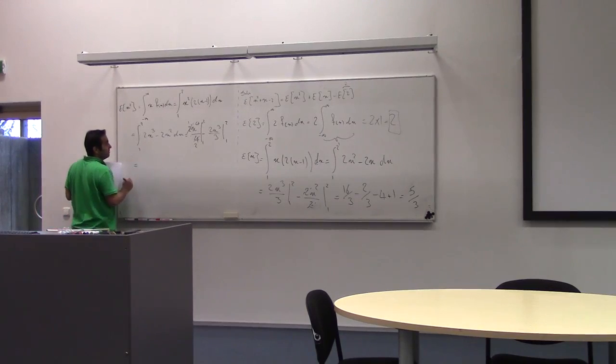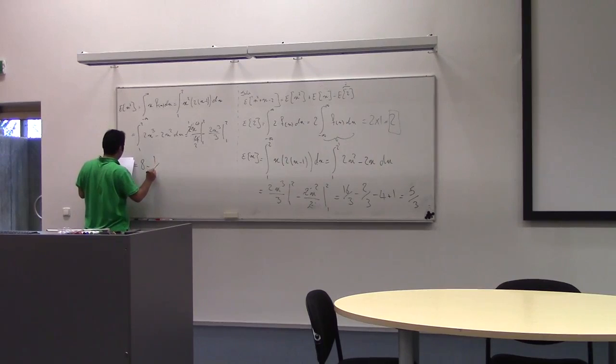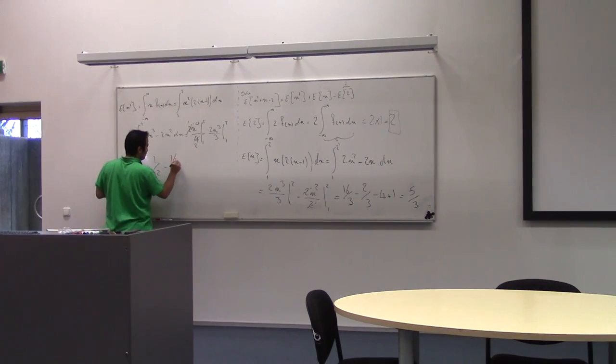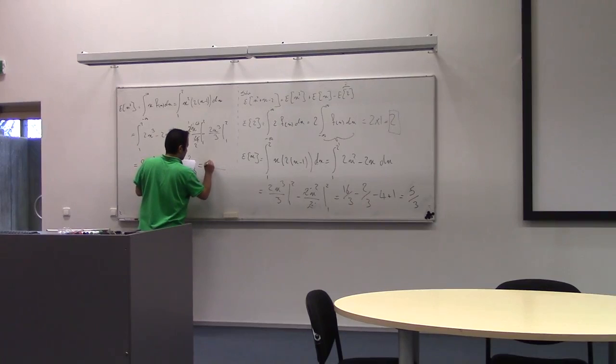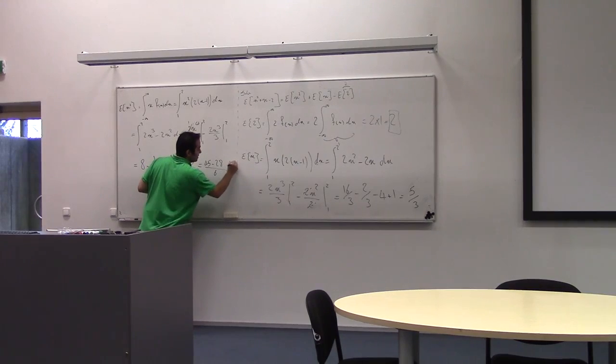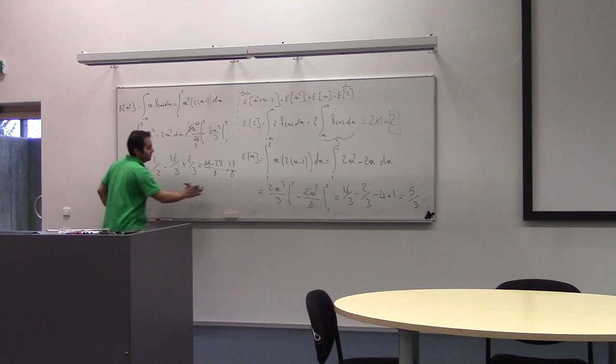Then we can write 8 minus 1 over 2 minus 16 over 3 plus 2 over 3, which is equal to 17 over 6.